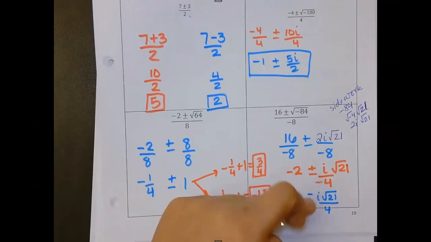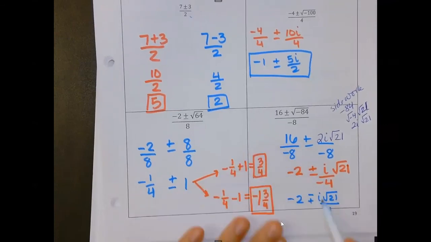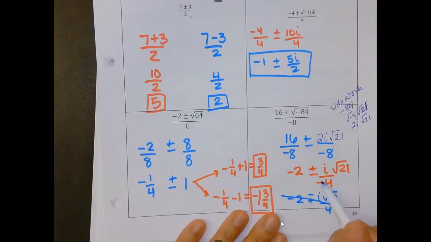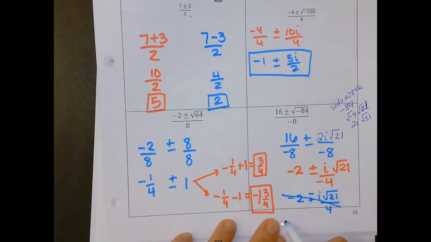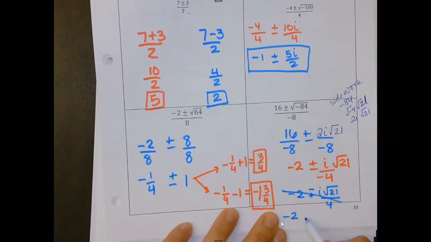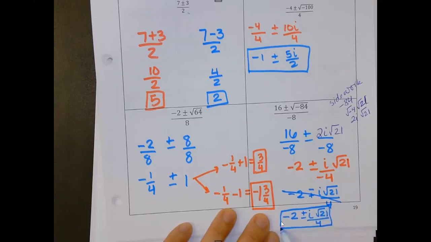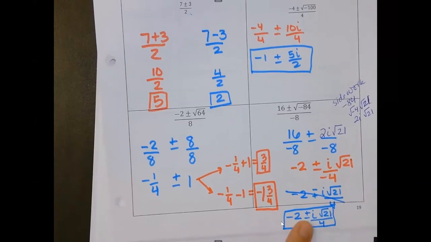It's pretty much the same thing. So I wouldn't even write it this way. These flip the signs. It doesn't really matter. So your answer is still going to be -2 plus or minus i root 21 over positive 4. If you wrote the negative, it's fine.